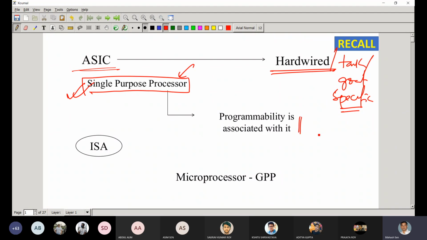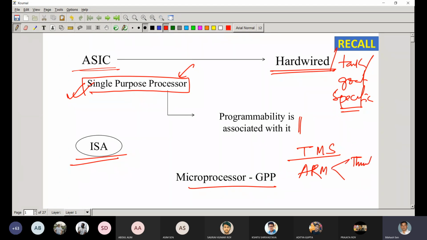Already I have mentioned the ISA defines the power of the microprocessors, that is a GPP. I gave one example, the TMS, that means an application specific processor, and ARM, which has two modes, one is thumb and the other is the normal mode.